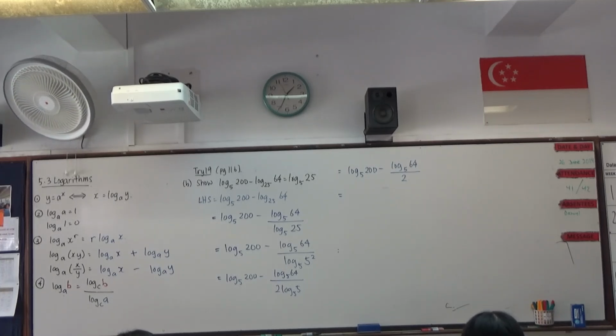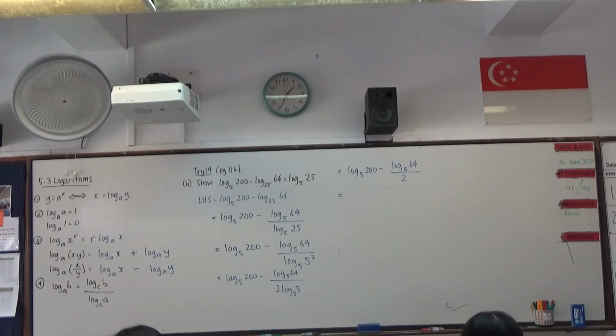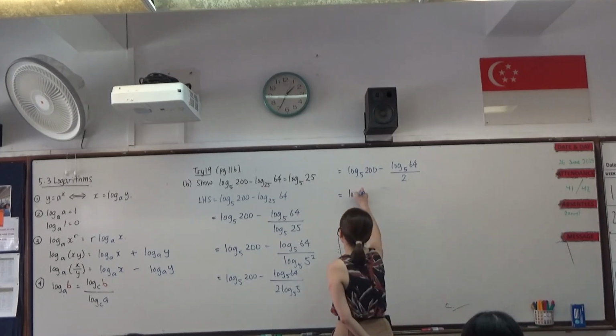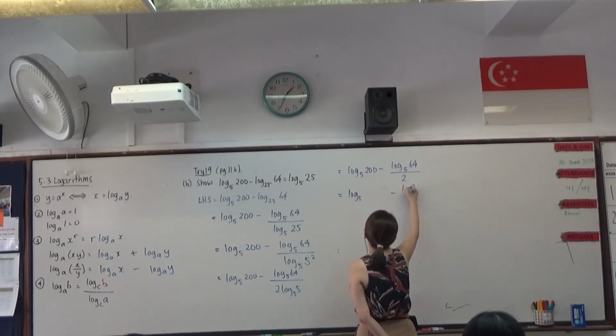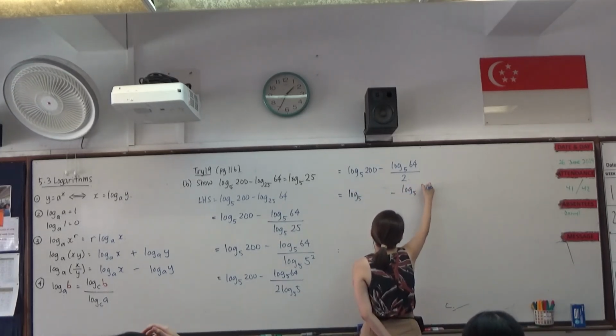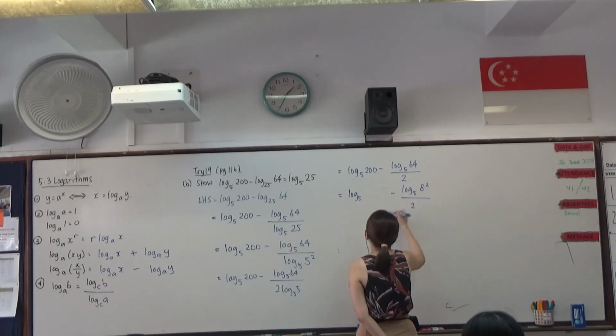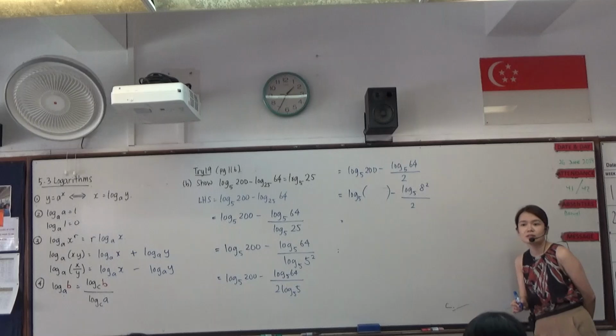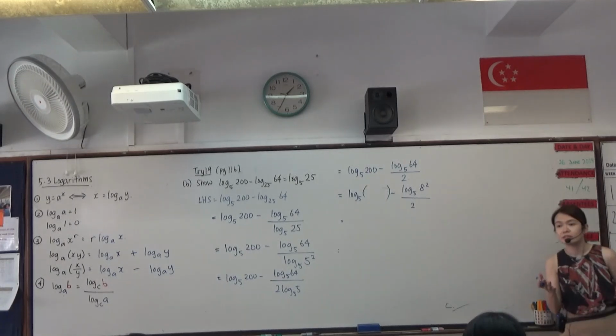Ideas? 64 is 8 squared, right? And then what is 200? What can I break 200 into? What are these factors?